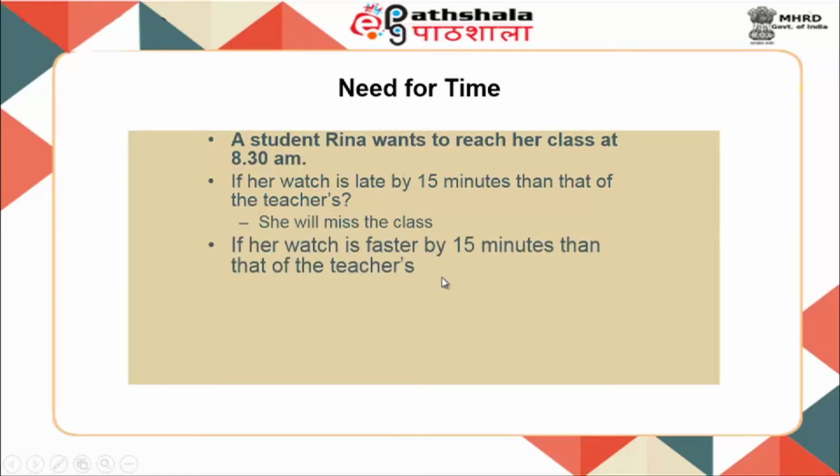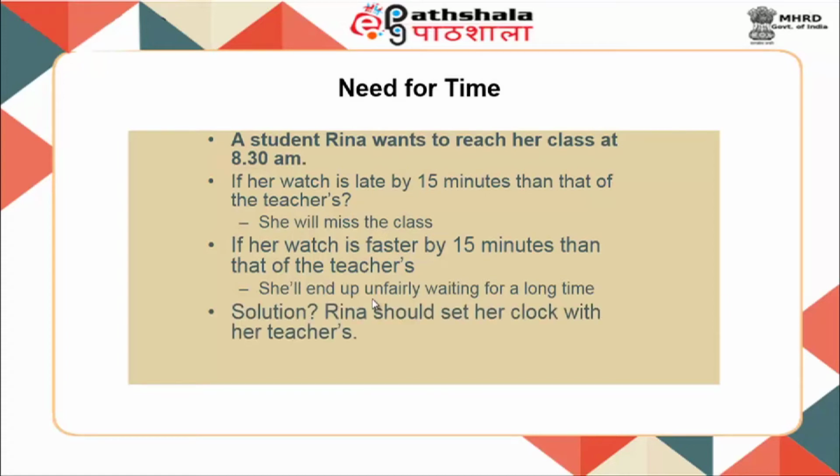On the other hand, if her watch is 15 minutes faster than the teacher's watch, then she will end up waiting for a long time. So, a solution to this is that Reena should set her clock with the teacher's clock.